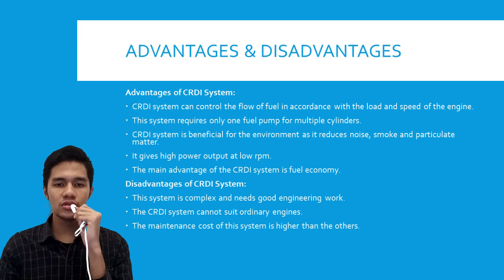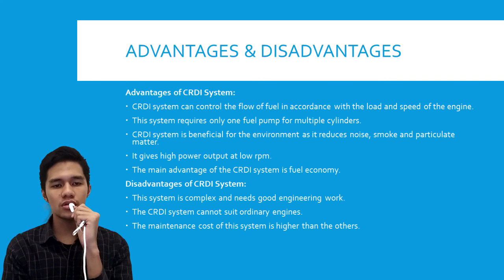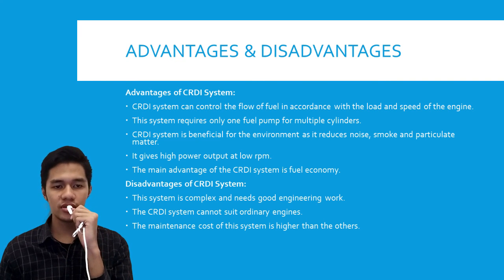Now the advantages and disadvantages of the CRDI system. The advantage is that we can control the flow according to the load and speed of the engine. Next, the system requires only one fuel pump for multiple cylinders, compared to the conventional injector where each injector has its own pump, which is not efficient.